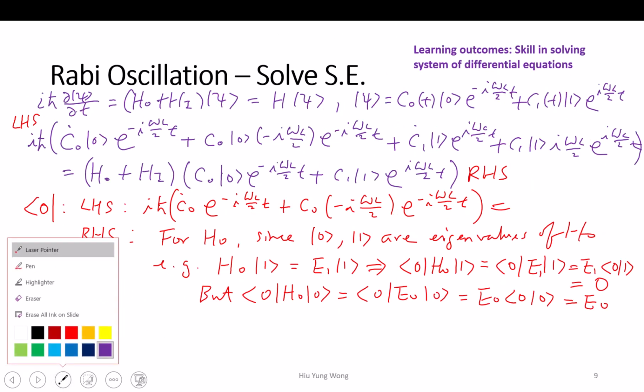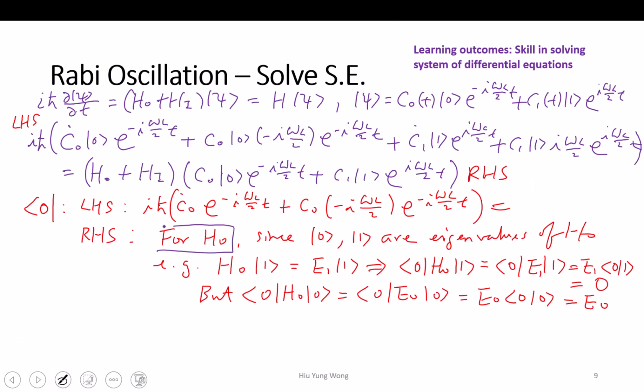So as a result, for h0, when we apply 0 to it, we only have whatever is left over, C0 and then mu B0, because this is the eigenvalue, times e to the power negative i omega L divided by 2t, right?